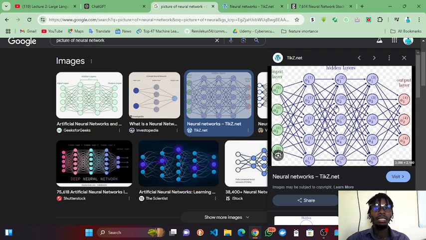So 100 layers is smaller than 1 billion parameters. The more parameters we use, the more the AI will understand and get better.